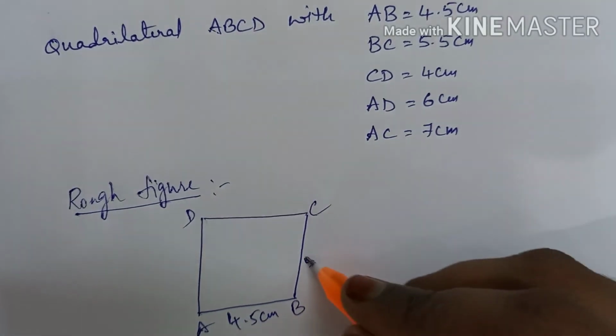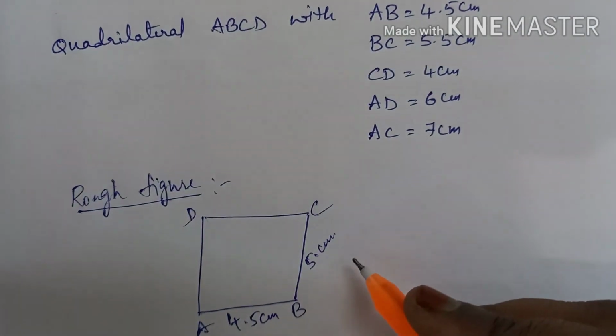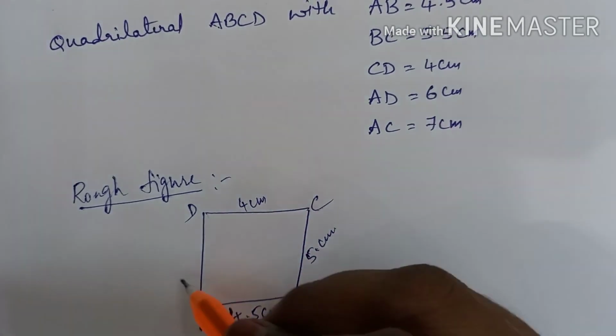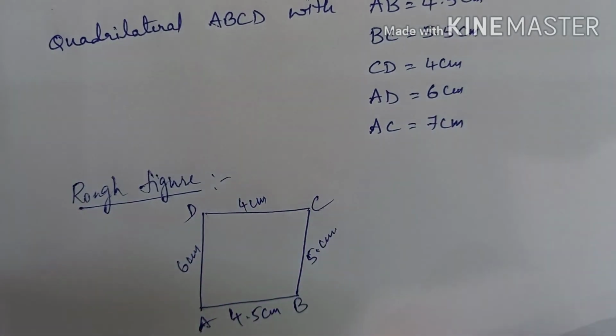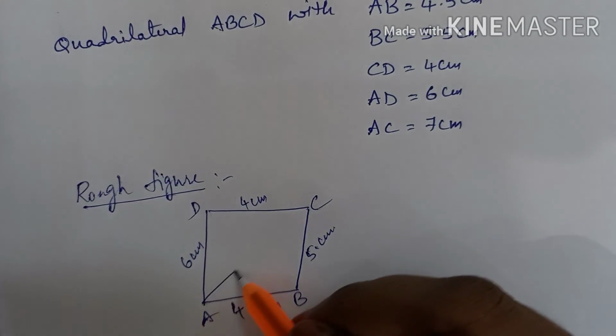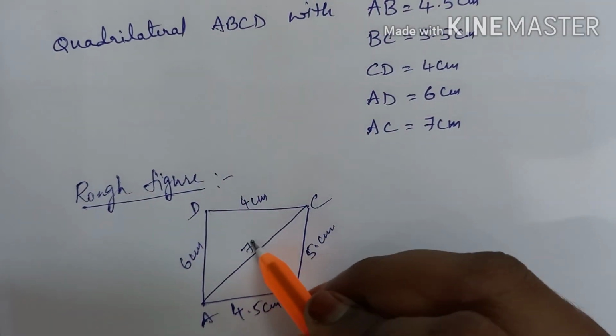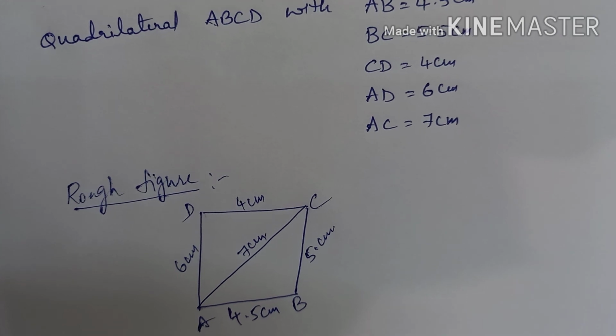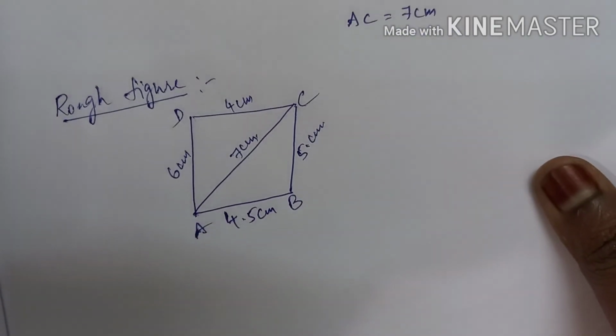BC is 5.5 centimeters. CD is 4 centimeters. AD 6 centimeters. And here AC diagonally is 7 centimeters. After rough figure, we have to draw actual figure.